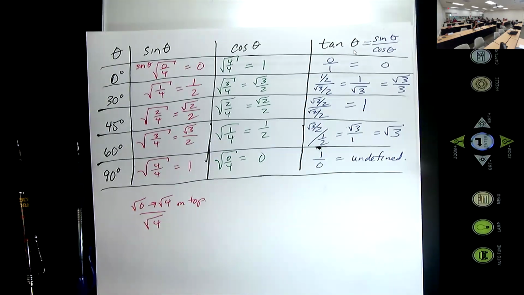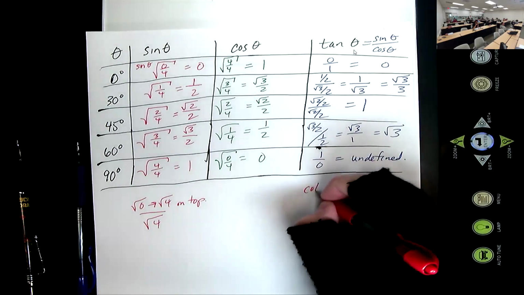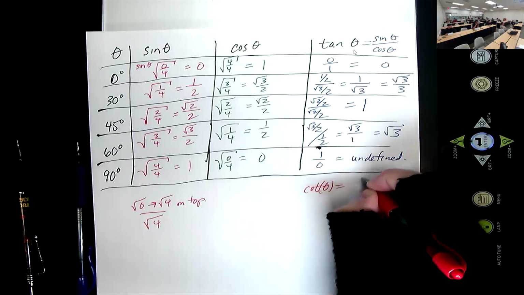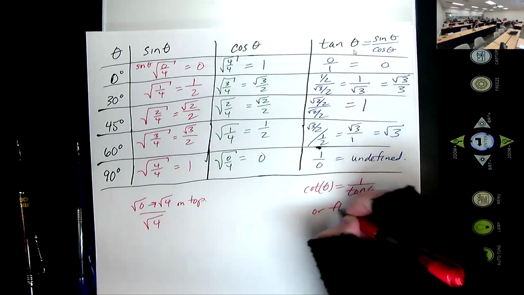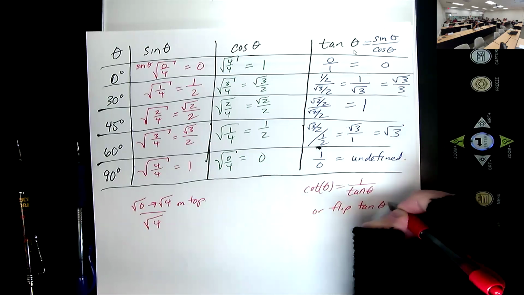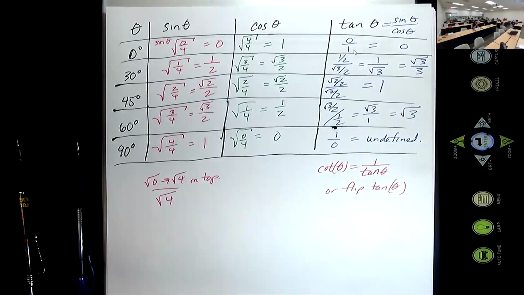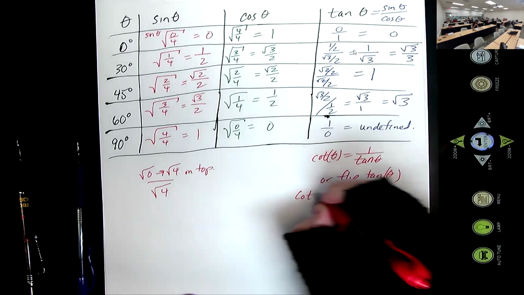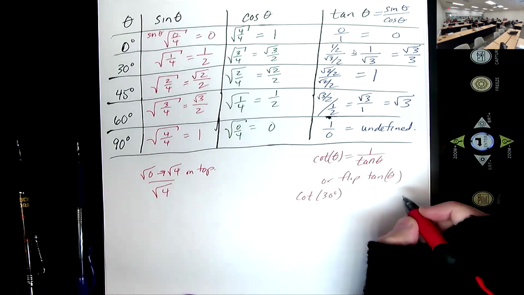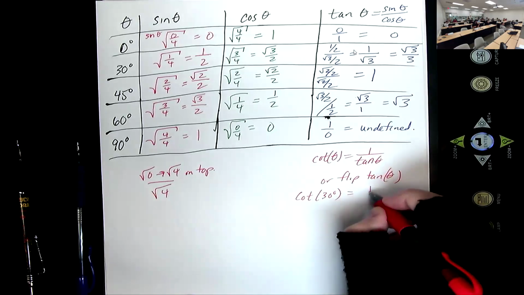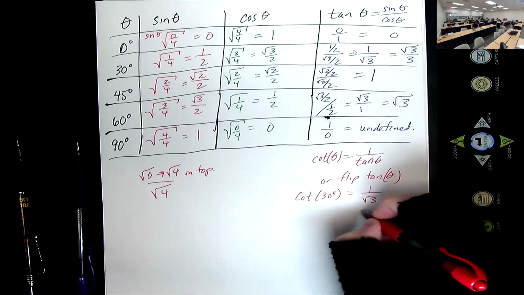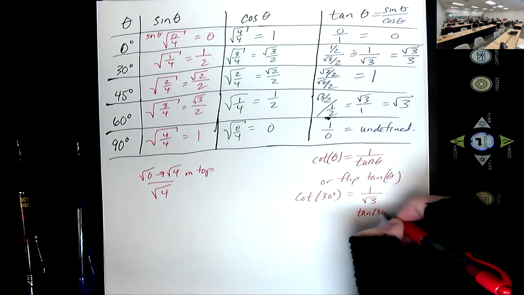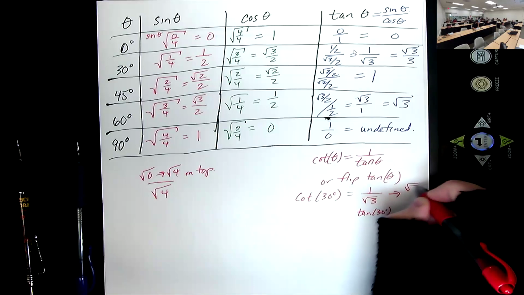Simply because if we do cotangent, it's 1 over tangent theta, or flip tangent. So like cotangent of 30 degrees. If I stick with the 1 over root 3, that's the tangent of 30 right there, and I flip it, it's going to be root 3 over 1.